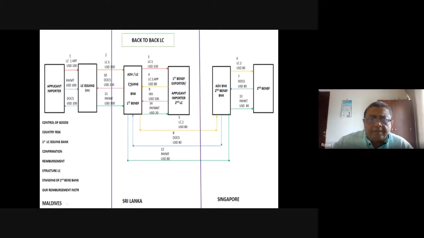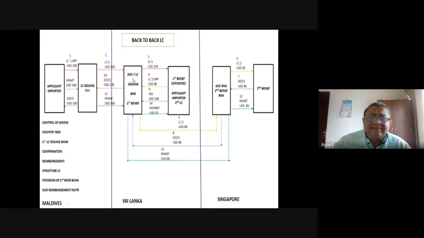So if People's Bank pays and does not get the money, it is for People's Bank to get it sorted out with their beneficiary, their parent company. They can't claim back what they paid from the second beneficiary.